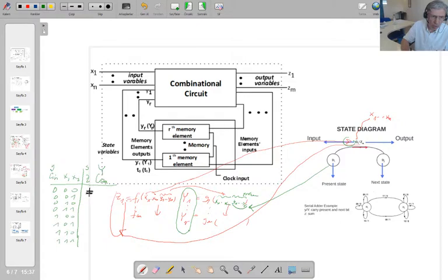So the outputs are sum is 0, carry is 0, sum 1, carry 0, sum 1, carry 0, sum 0, carry 1, sum 1, carry 0, sum 0, carry 1, sum 0, carry 1, sum 1, carry 1.